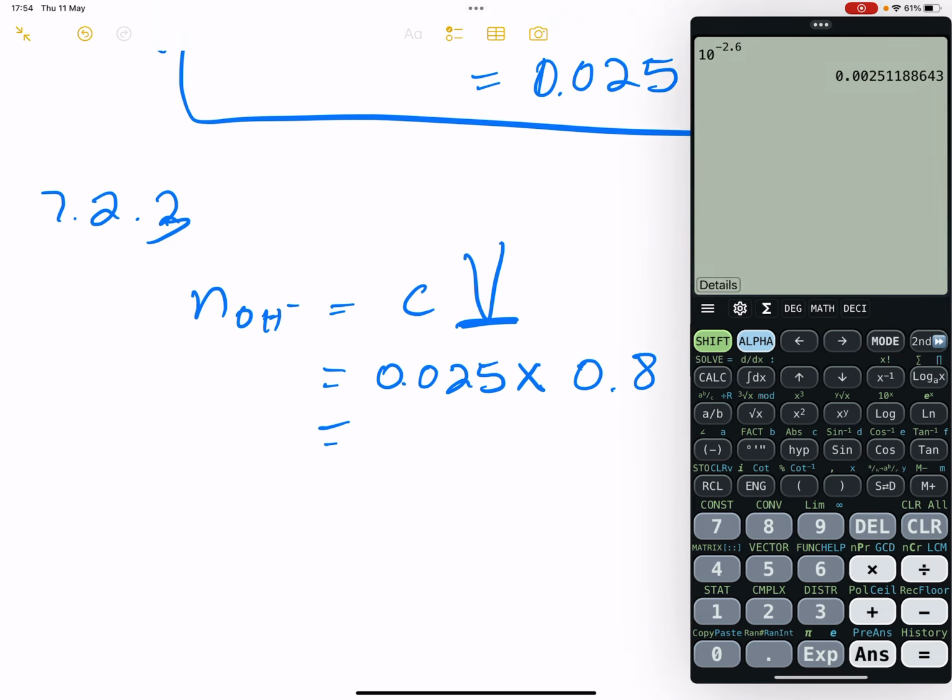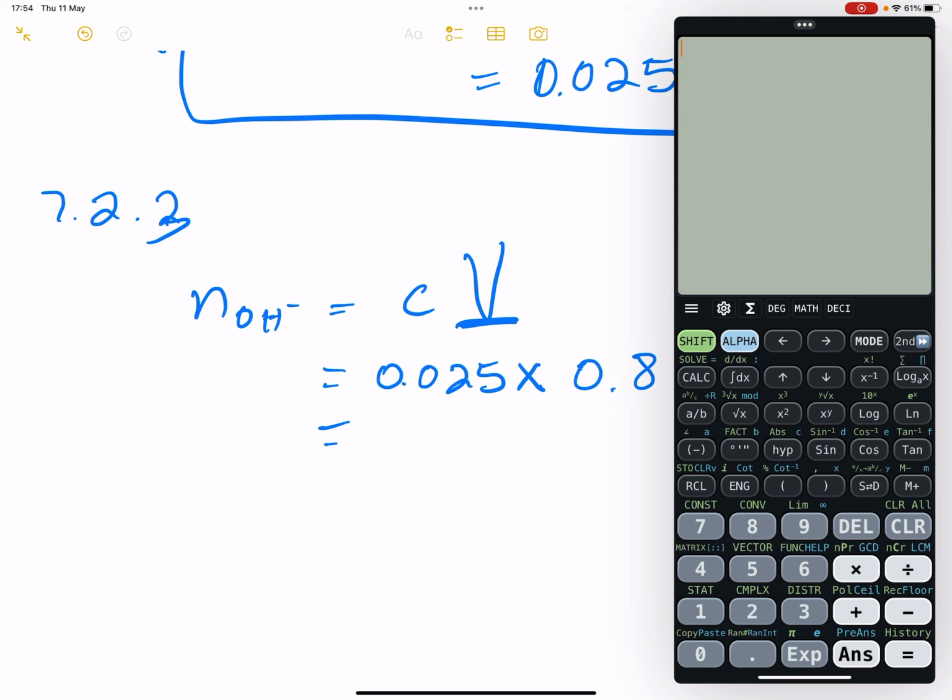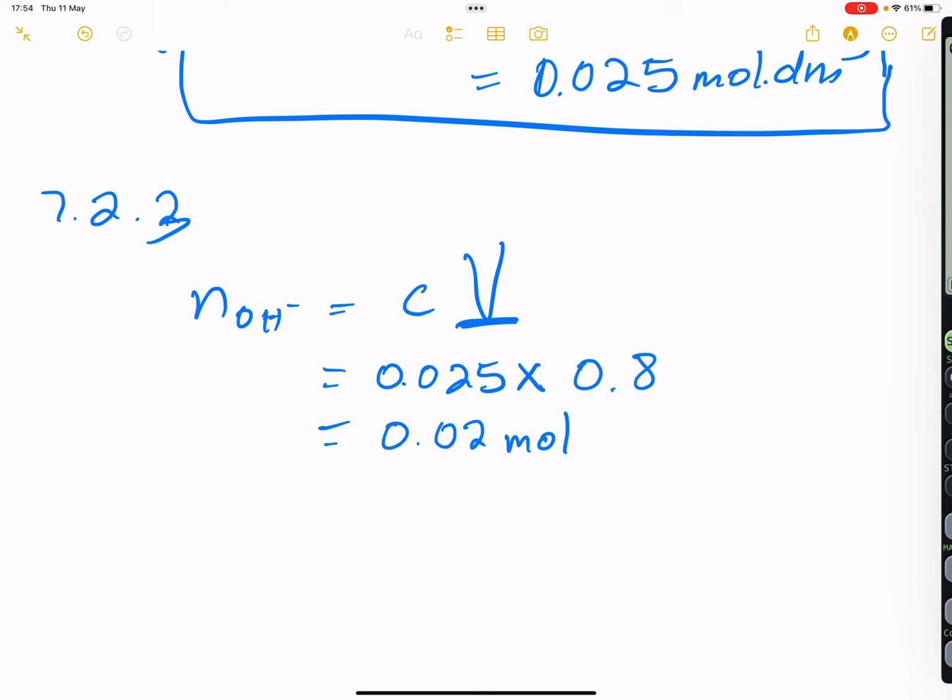So let's do that quickly. 0.025 times 0.8, and I get a value of 0.02 moles. Now, I'm left with 0.02 moles after they reacted.